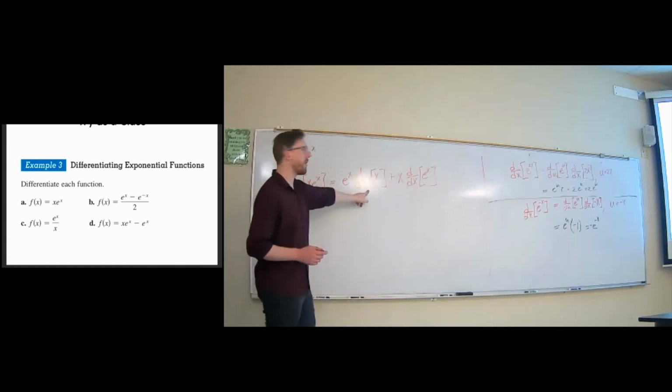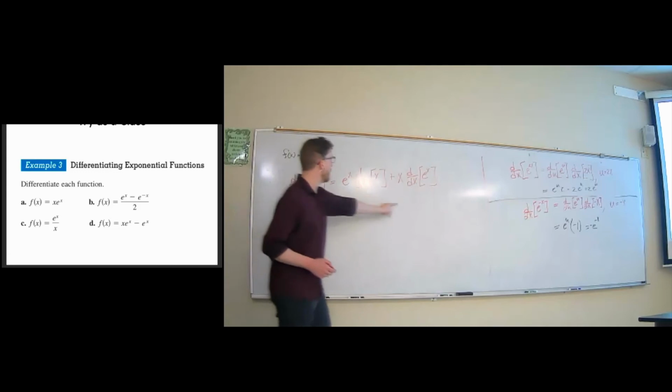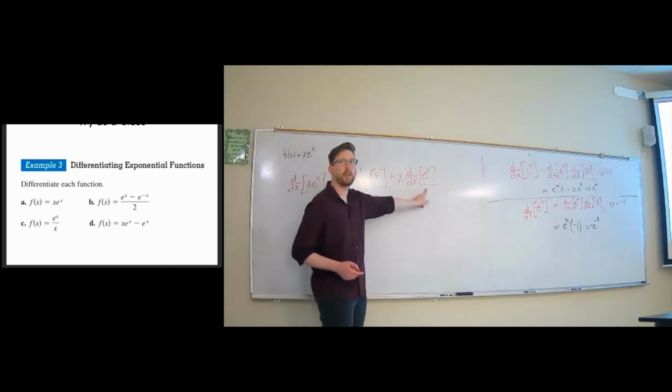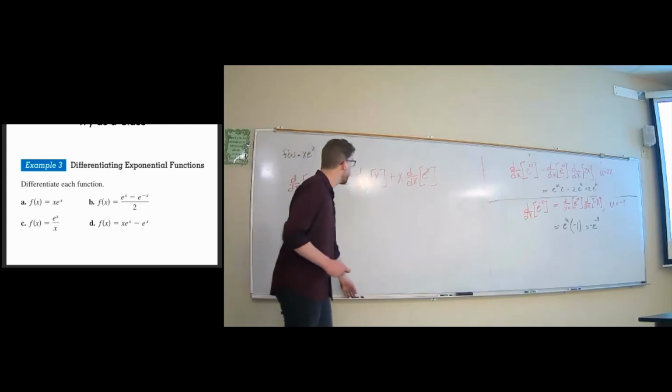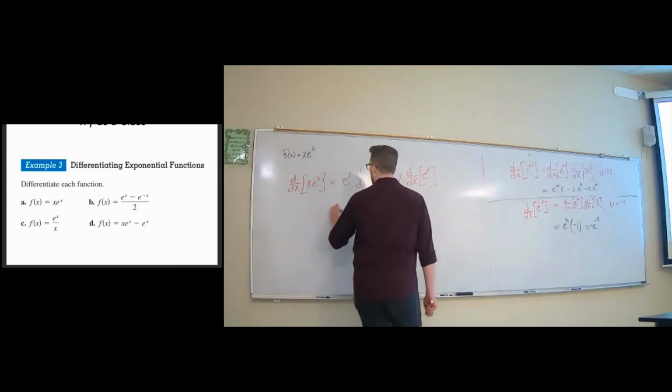Well, this thing's going to differentiate out to be 1, and this thing's going to differentiate out to be e to the x. So we get e to the x plus x times e to the x.